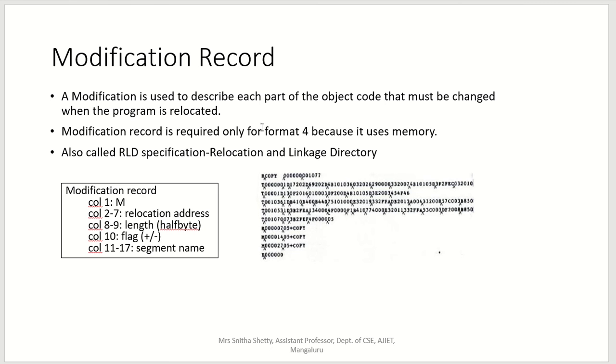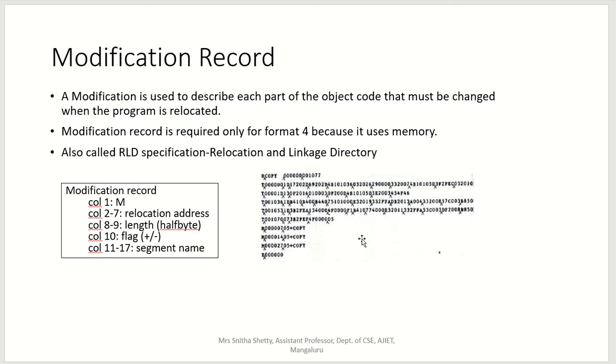Now assume there is a modification, that means there is a relocation. Since SIC/XE has four different formats, format 1, format 2, format 3 and format 4, format 4 is the one with a memory field.